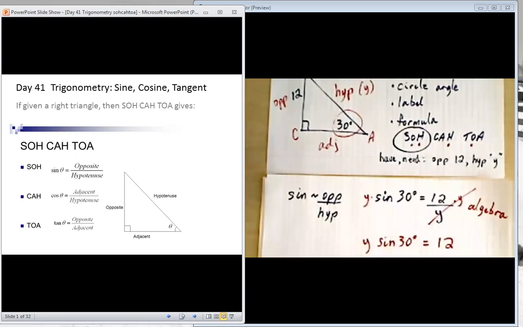Okay. Now at this point, we want to get y by itself, and we also want sine 30 being something reasonable looking. So maybe at this point, we could use the calculator, figure out what sine of 30 is going to be.